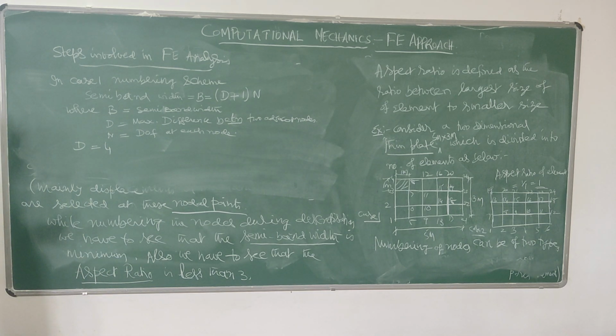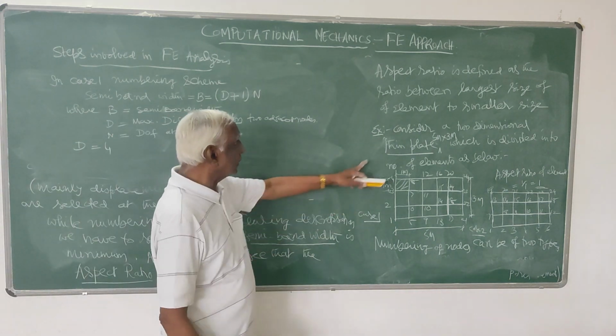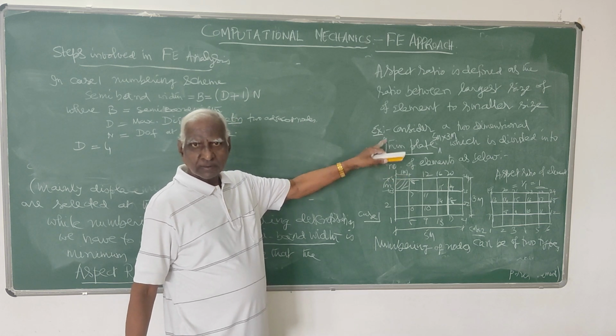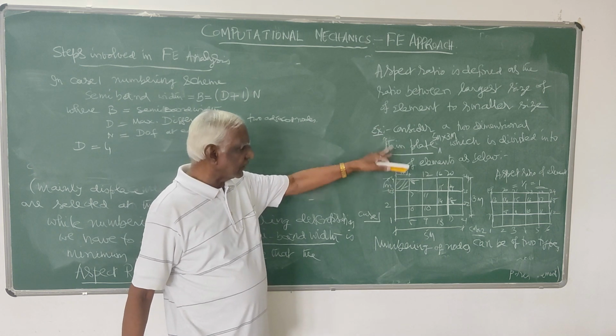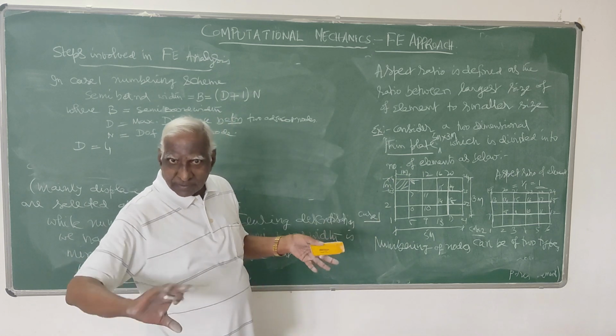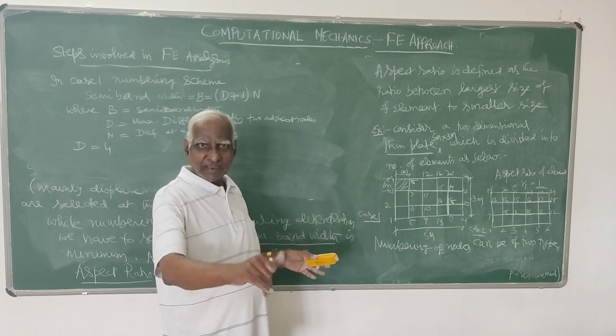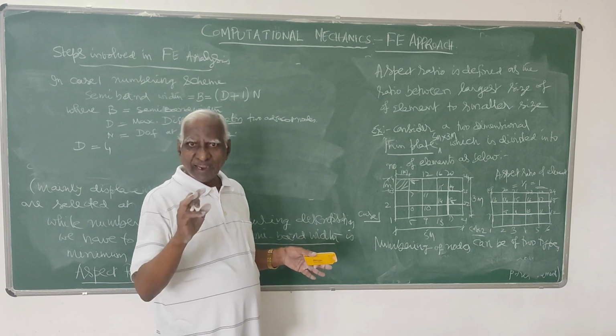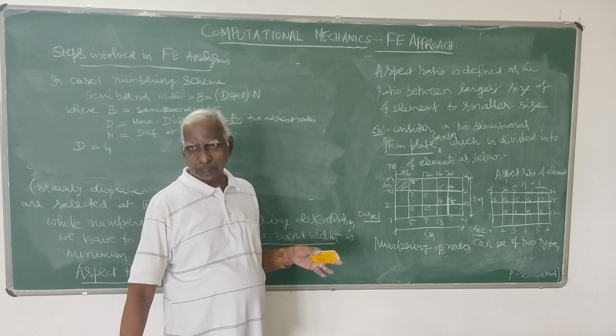Let us say the degree of freedom at each node. You assume, because I told thin plate, virtually there will be 3: Mx, My, and theta x, theta y, and w.